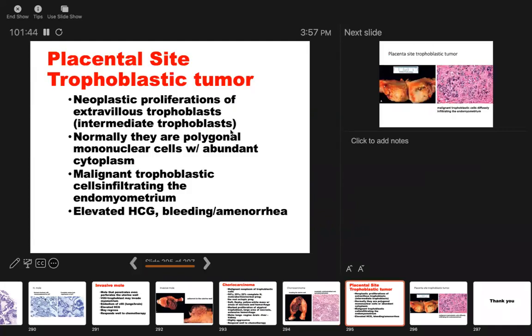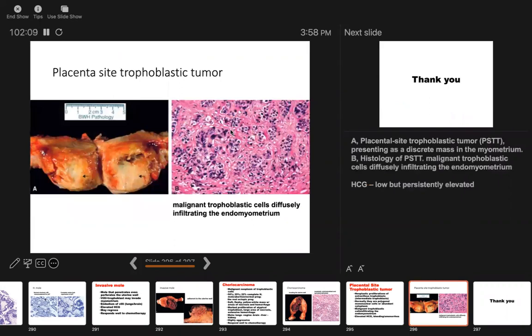Now, let us go to the last, which is PSTT. PSTT is a neoplastic proliferation of the intermediate trophoblast. They are usually polygonal in shape, and they are usually characterized by mononuclear cells with abundant cytoplasm. It is also a malignant trophoblastic proliferation. They diffusely infiltrate the endomyometrium.